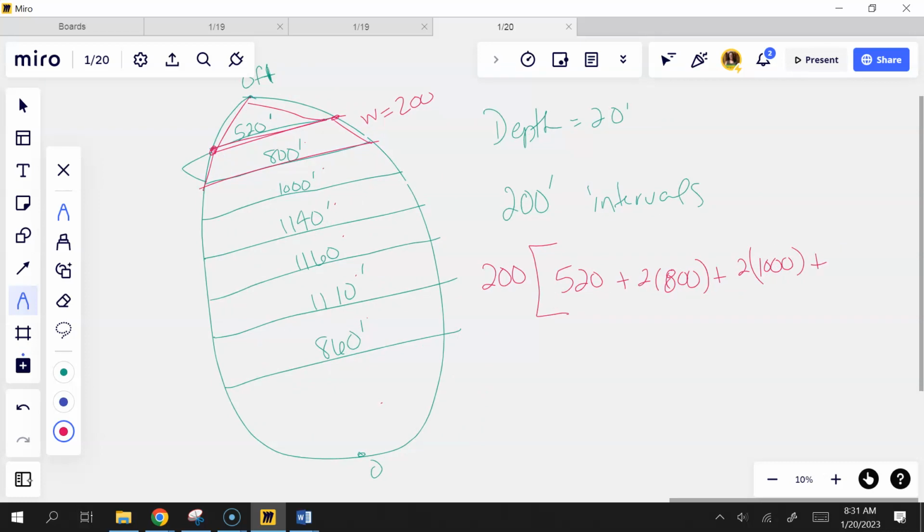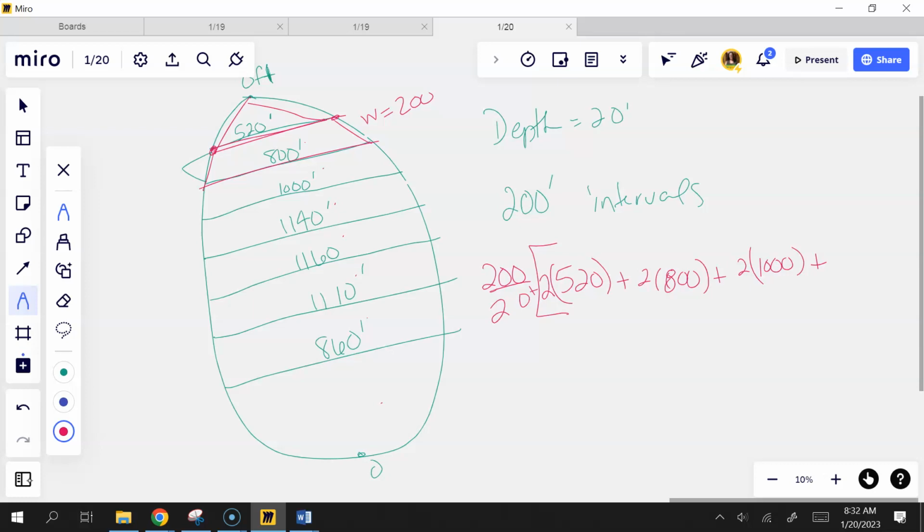Actually, I think that this is going to be this, and my first one is 0, like that. Yeah. Y'all in agreement with me?